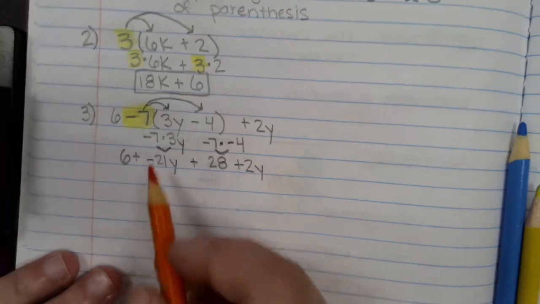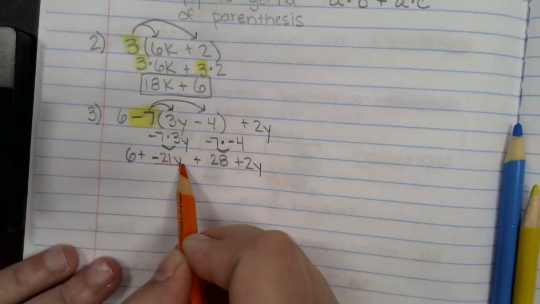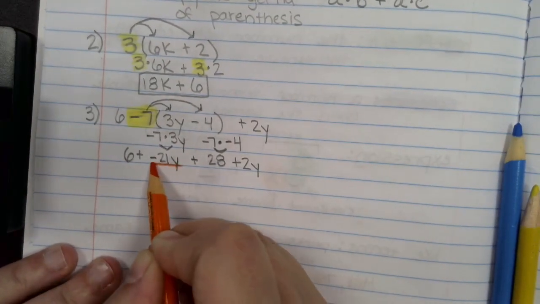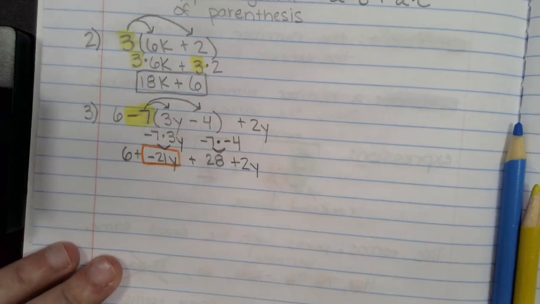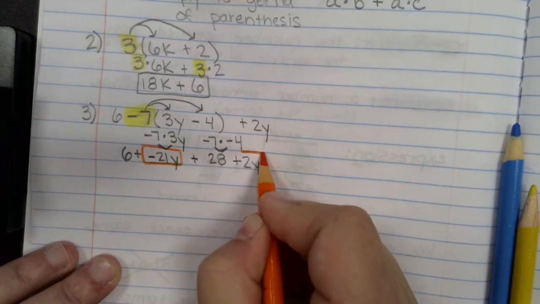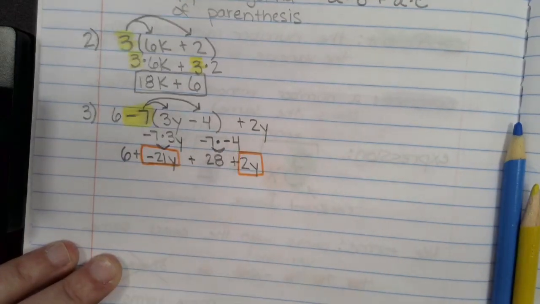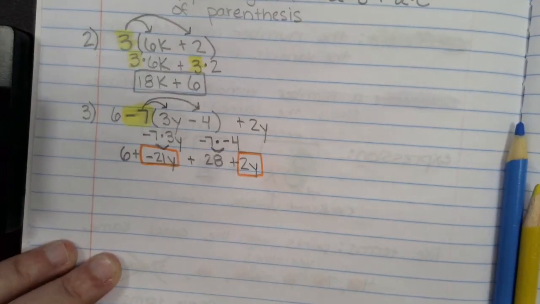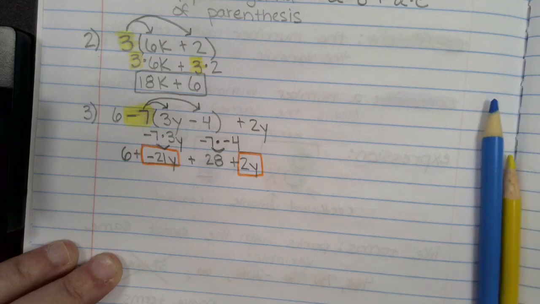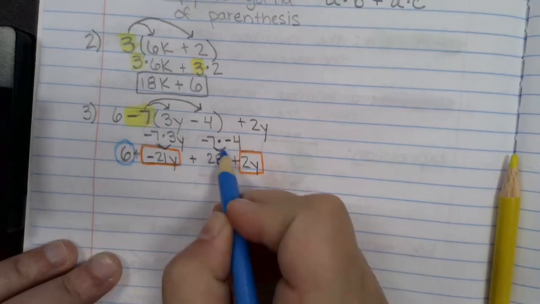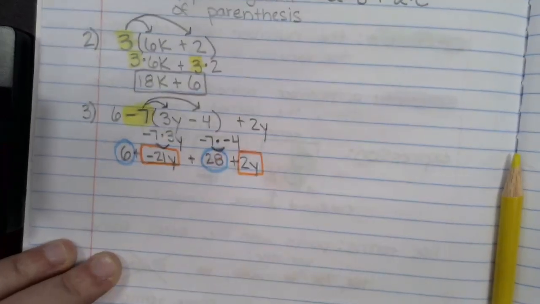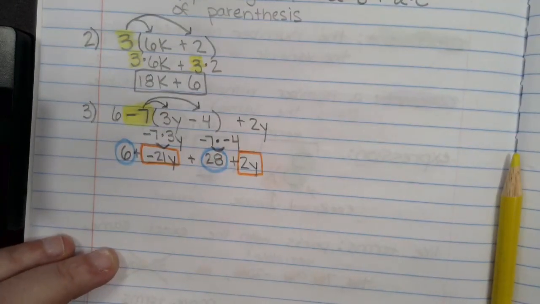Negative 21y plus 2y. Good, we have this negative 21y and it has a like term, which is that 2y. Are there any other like terms? The 6 and 28. So we're going to rearrange them so they're together.